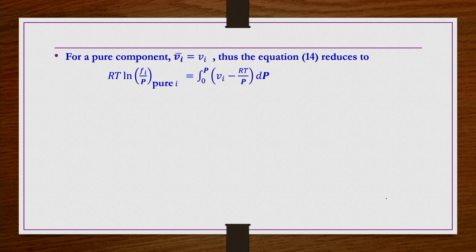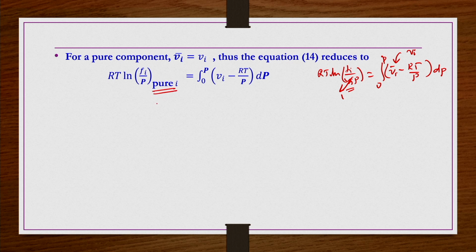Then equation 14 that we have developed is RT ln (fi by yi p) equal to the integral from 0 to P of (Vi bar minus RT by P) dP, whatever equation we just derived, equation number 14. In this equation, in place of Vi bar we have to write Vi, and since it is a pure component, yi is obviously equal to 1. So, that is RT ln (fi by P), and it is pure i.